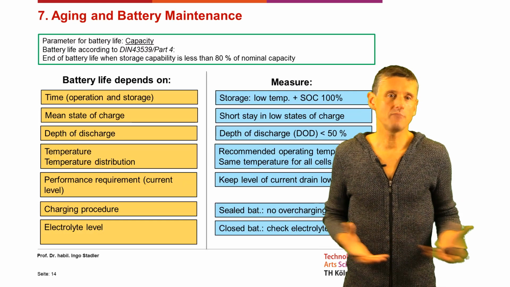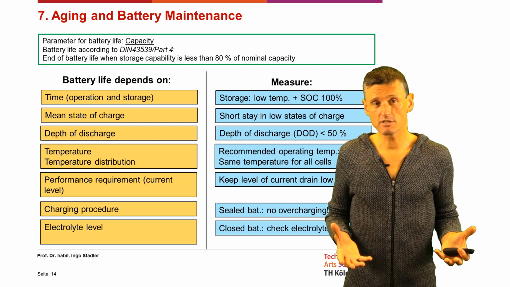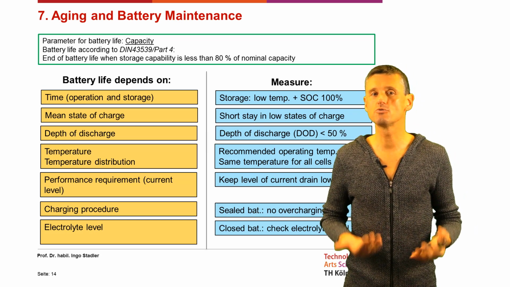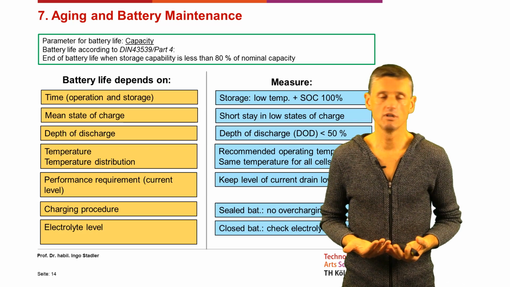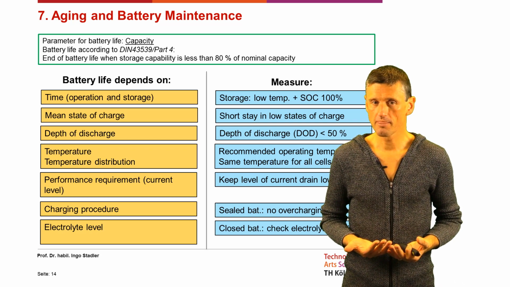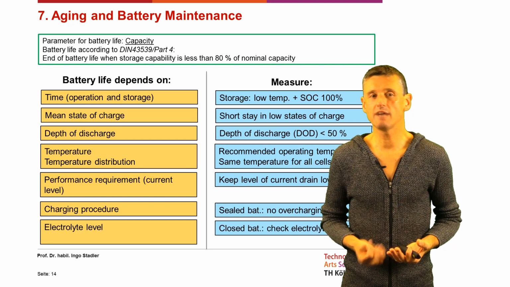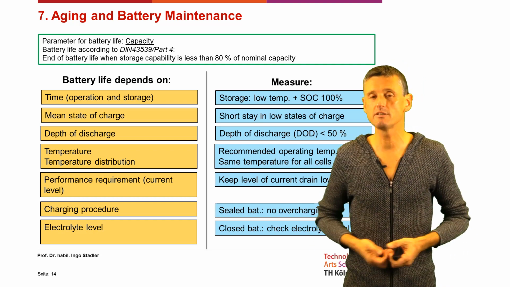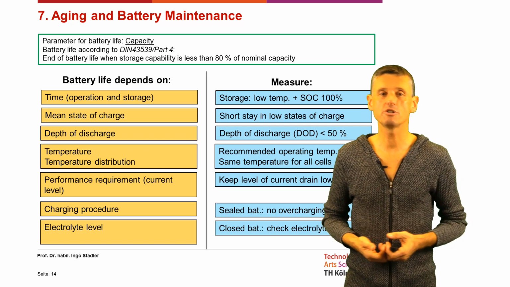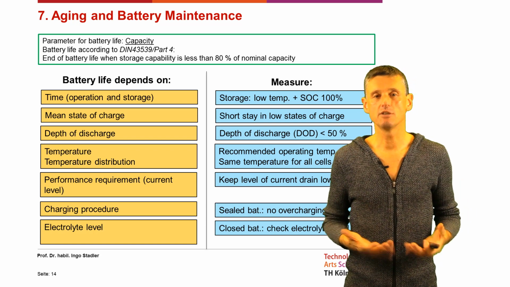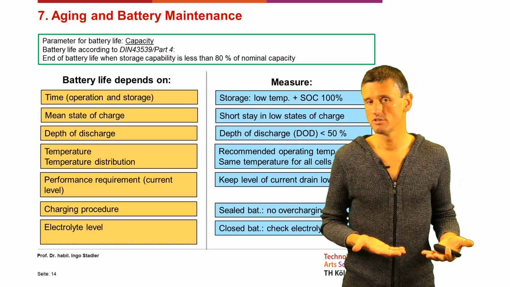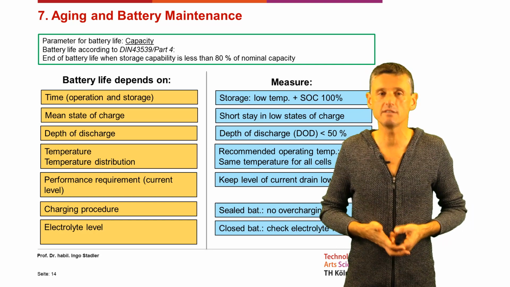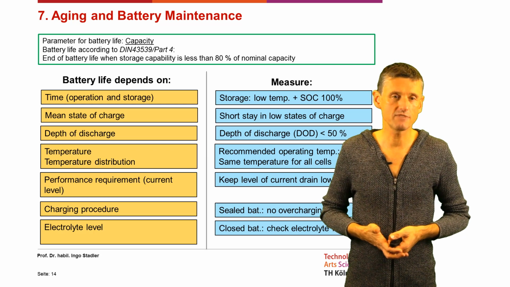When we operate lead acid batteries, their lifetime can be very different and has a lot to do with how we treat them. The battery life depends on the time that it is operated, and on storage: the lower the temperature and the more often we have a state of charge of 100%, the better the lifetime.